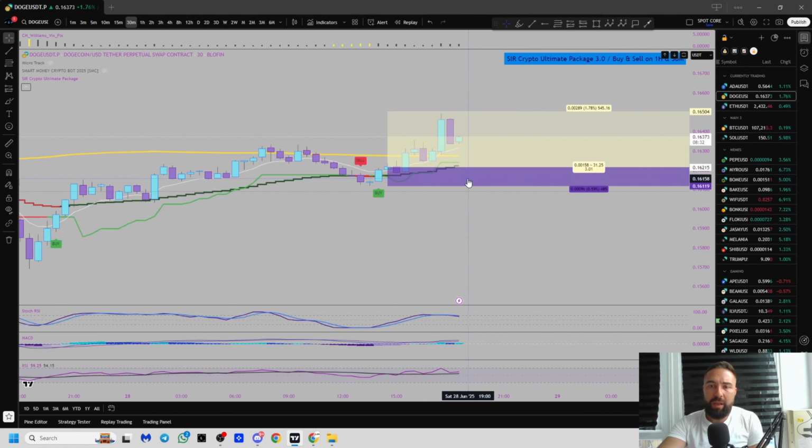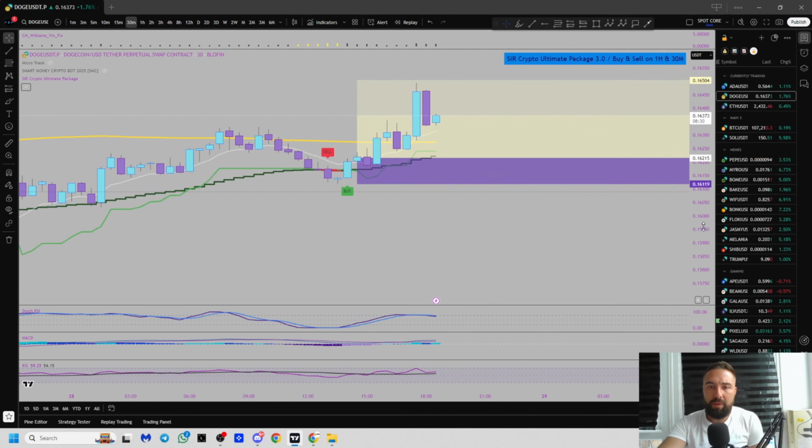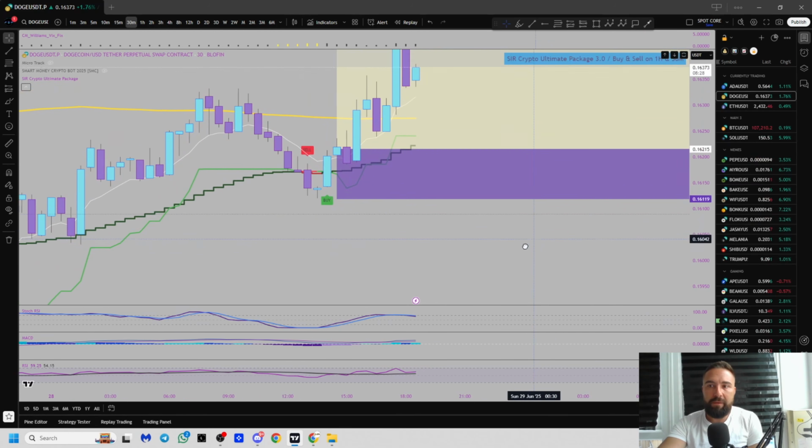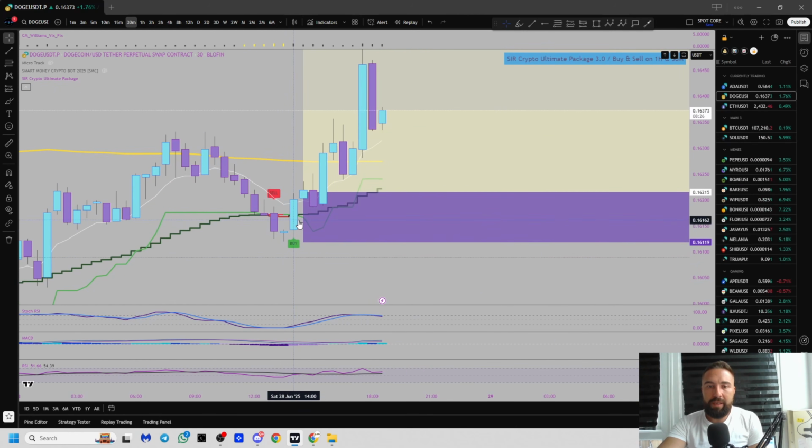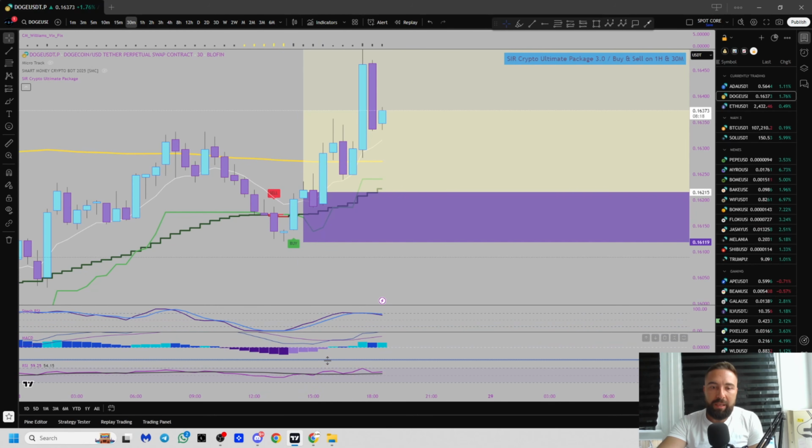This is the second one I called today on the Discord, absolutely free. This one was for the free members. As you can see, the buy signal, we have a lovely cross to the upside on the stochastic RSI. On the MACD, this was the bottom and it started coming up, so basically just another confluence.